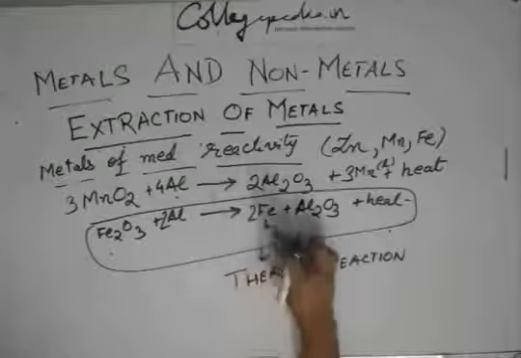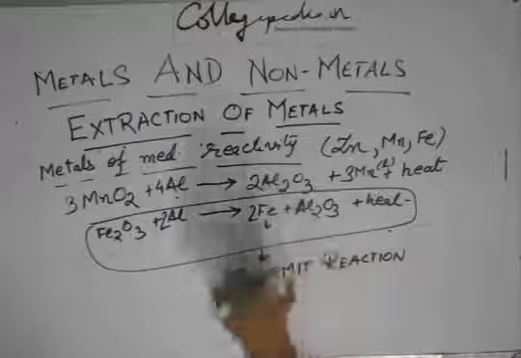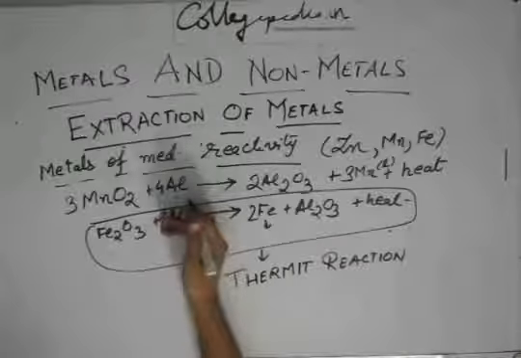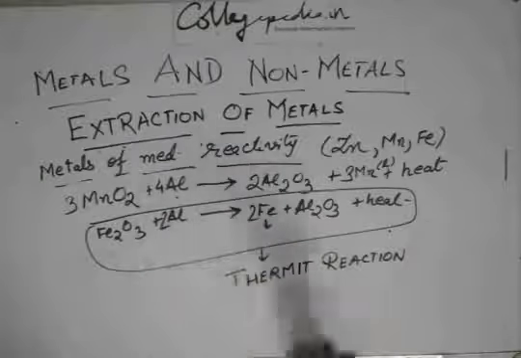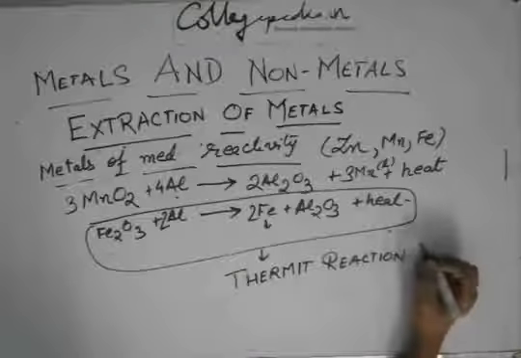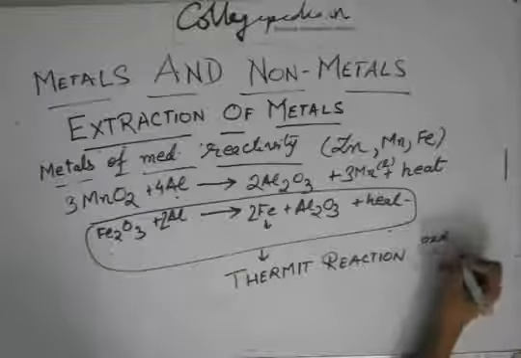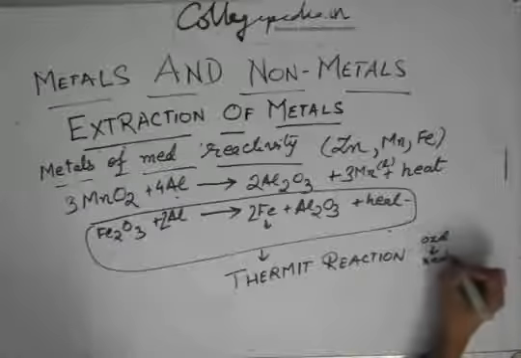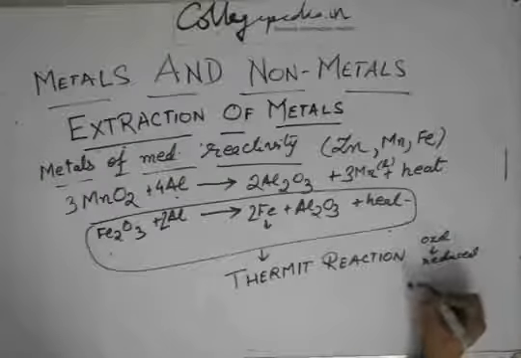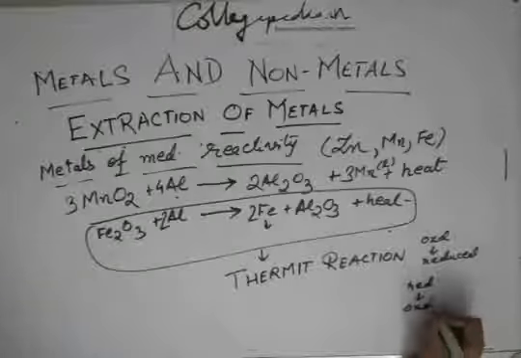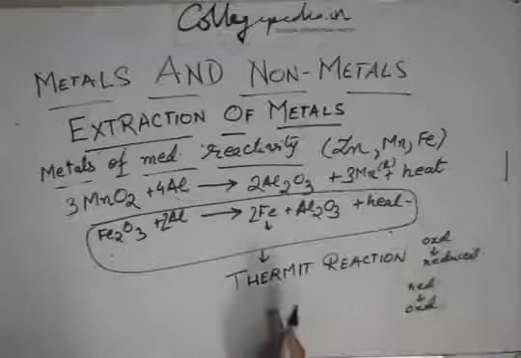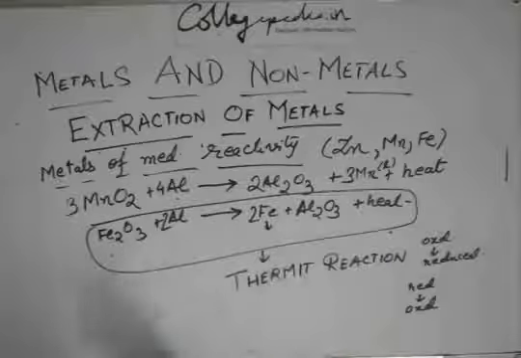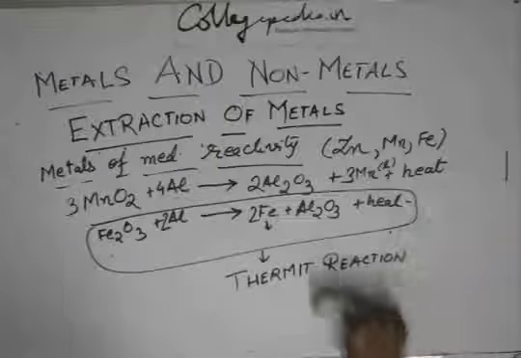So iron is formed in liquid form. Or they might ask you questions like, which is the oxidizing agent, which is the reducing agent in this reaction, or what gets oxidized and what gets reduced. So here you always have to remember that the oxidizing agent gets reduced and the reducing agent gets oxidized. And obviously the one losing oxygen is getting reduced, the one gaining oxygen is getting oxidized, and of course you have to write the reaction.